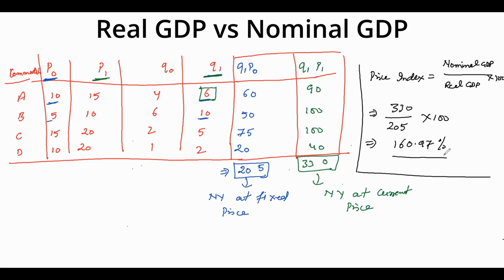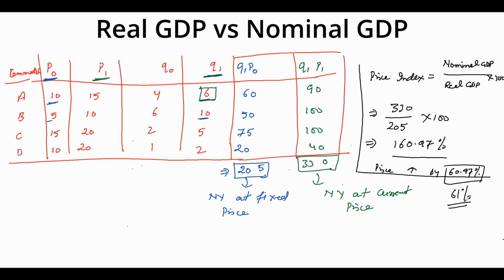This indicates that price increased by 60.97%. अब इसका मीनिंग हमारे प्राइस बेस ईयर के कंपेयर में करंट ईयर में कितना इंक्रीज हो गया, 60.97, और आप अप्रोक्सीमेटली 61% मेंशन कर सकते हैं. So the price index measures how much price has increased in the current year with reference to base year. So here 61% price increased in the current year.